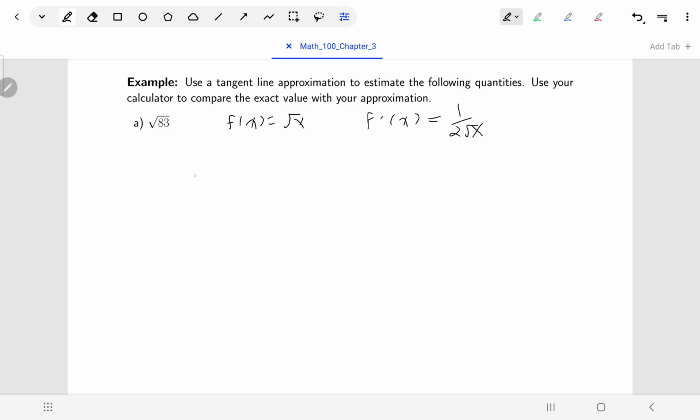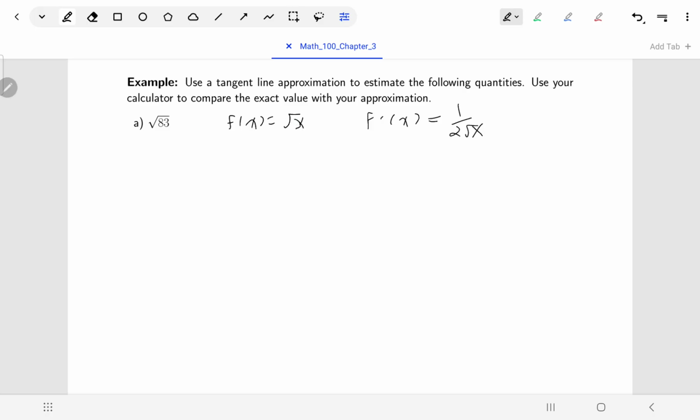So if I were looking for the square root of 83, I can do that by using a point that's close to 83 that I can find a square root of. You've got a couple of choices. You could choose 81, because the square root of 81 is a number we know, that's 9. Or you could choose 100, and the square root of 100 is 10. That's another number we could choose.